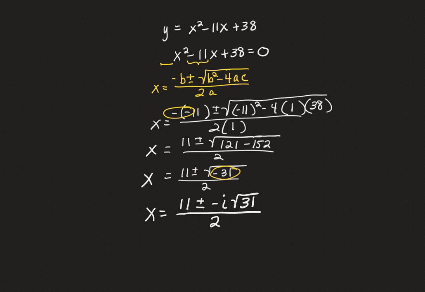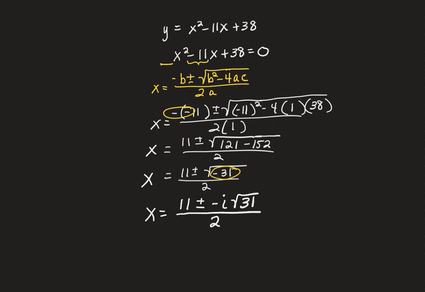Now, the square root of 31 is irrational, so we're just going to leave it there because this is an exact answer. It is not an approximate answer. I don't want you to put square root of 31 into your calculator and round it off somewhere. Just leave it just like that.